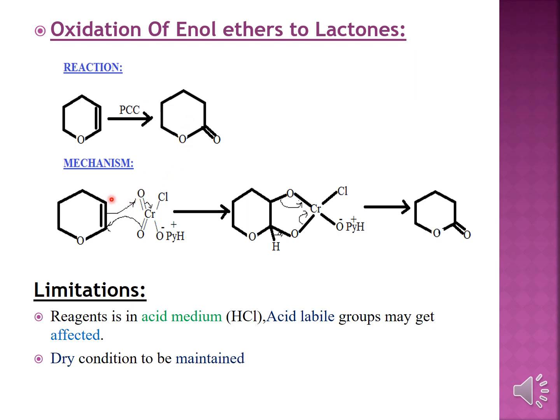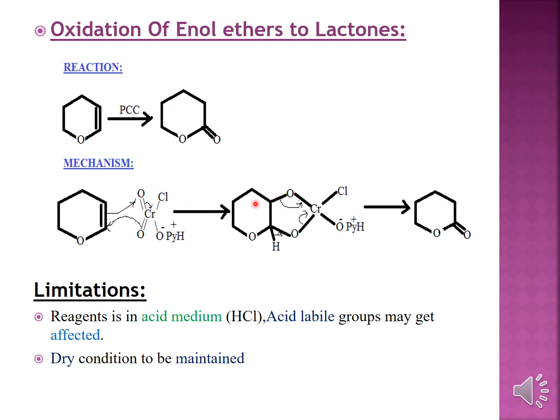Okay, so if you move on to the mechanism, upon treatment with this reagent, pyridinium chlorochromate, this comes and attacks this oxygen atom. This bond will come and attack, and meanwhile this bond will go and attack the other oxygen. Okay, it is like a cycloaddition reaction.